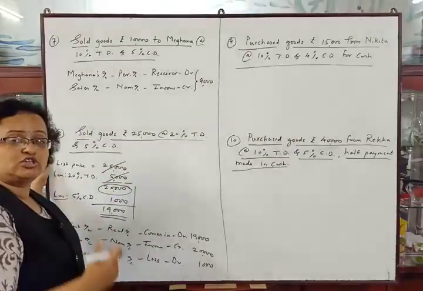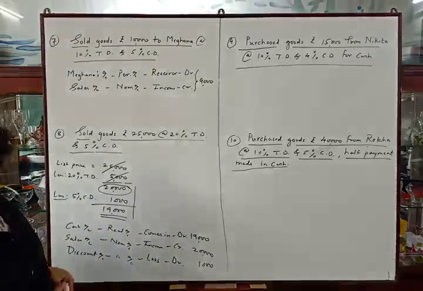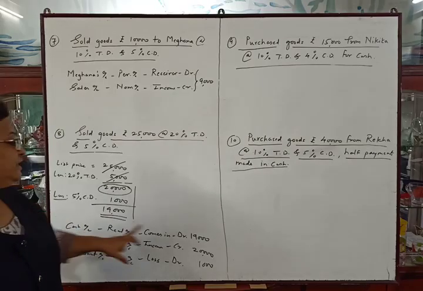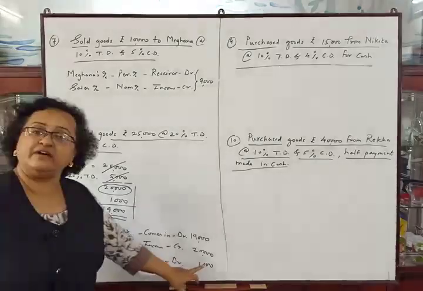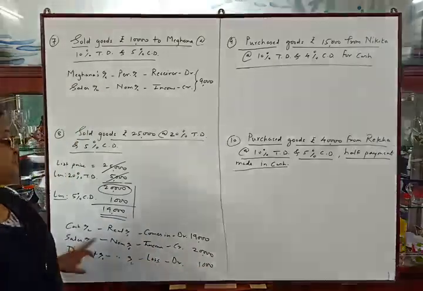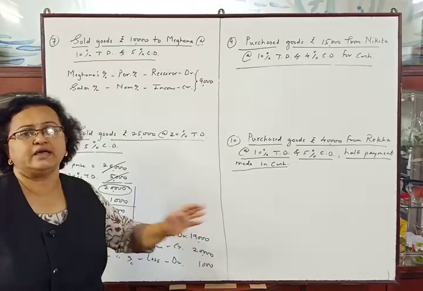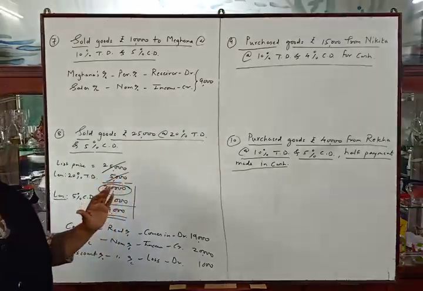So we are in loss of rupees 1,000, that is discount. Understood? Journal entry: Cash account debit 19,000, discount account debit 1,000, to sales account 20,000. Okay, being the goods sold at 10% trade discount and 5% cash discount.